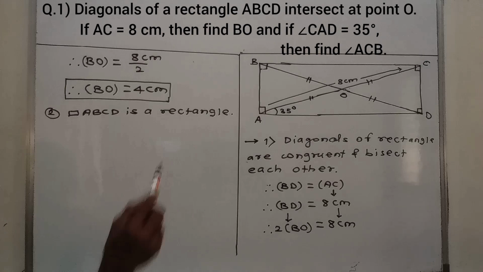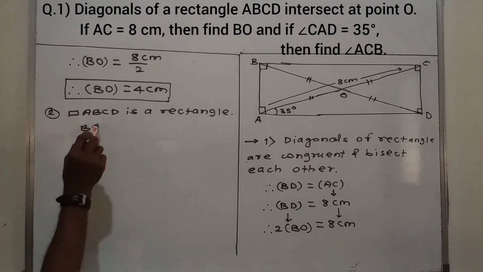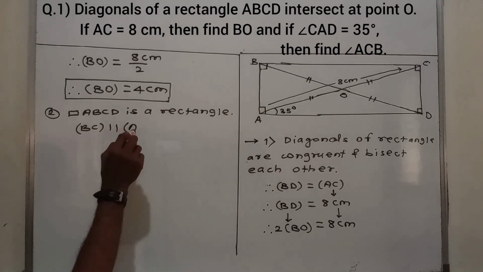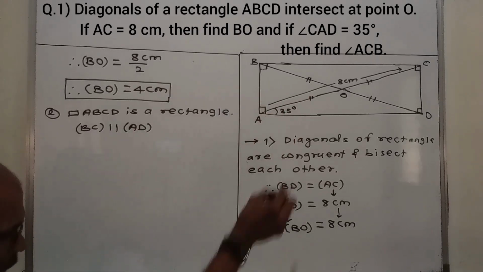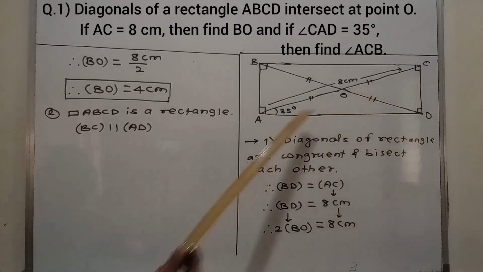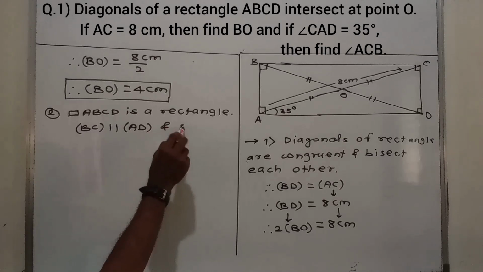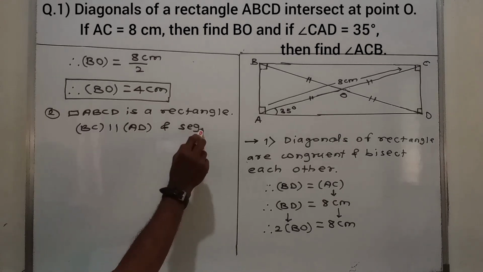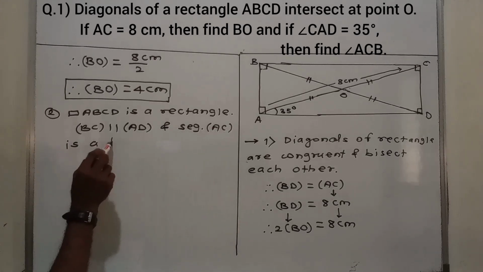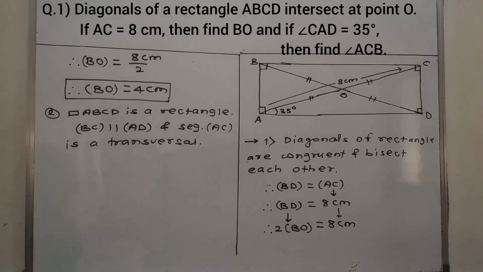Therefore opposite sides are parallel, BC parallel AD, and segment AC is a transversal. Did you get it?